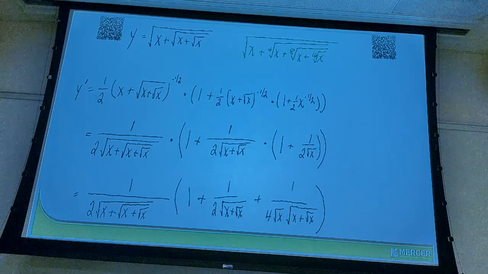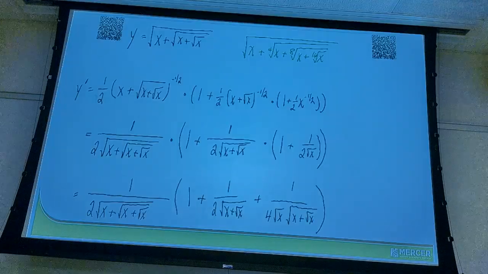As we nest, just keep increasing the index powers of 2, right? The square root of x plus 4th root of x plus 8th root of x plus 16th root of x.